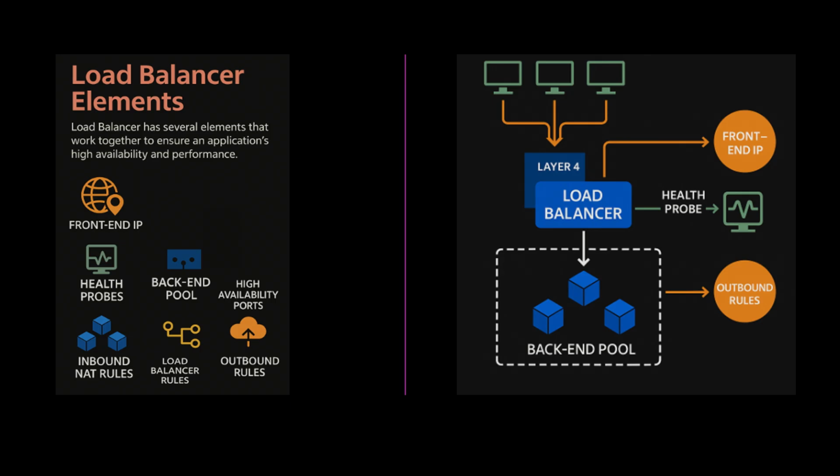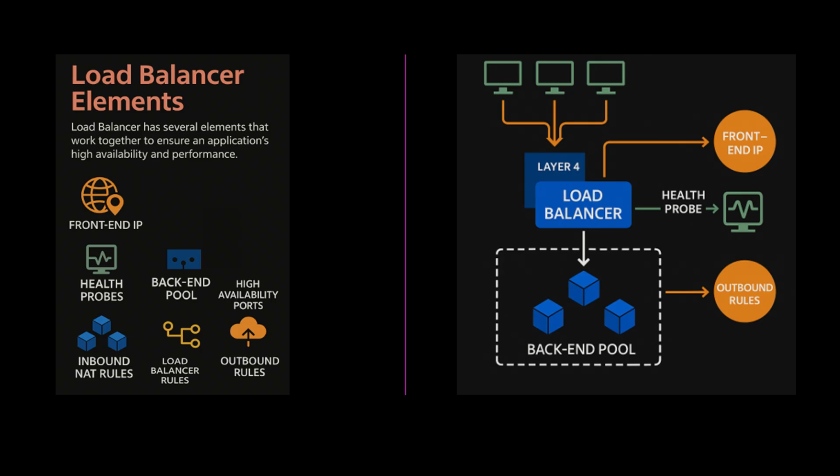This pool consists of VMs or scale set instances that process requests. As you scale your app by adding or removing instances, the load balancer automatically updates itself to include only the healthy ones. No manual intervention needed. But here's the key. Traffic only goes to healthy VMs. Azure Load Balancer constantly checks the health of your backend instances using health probes.